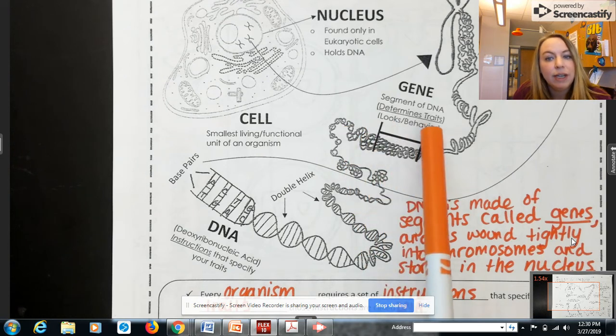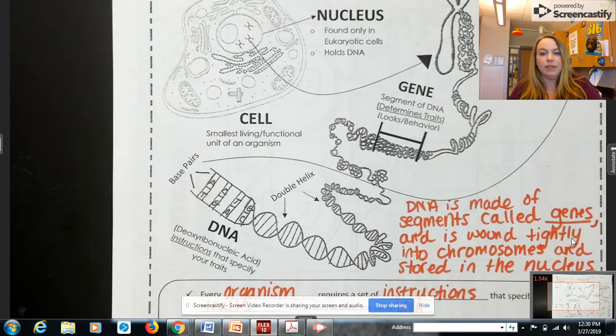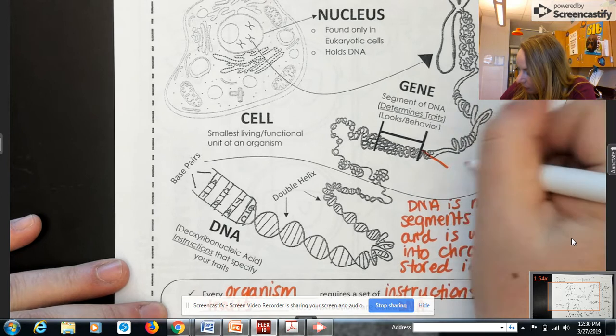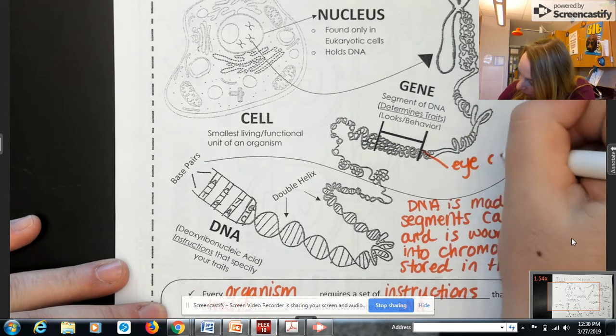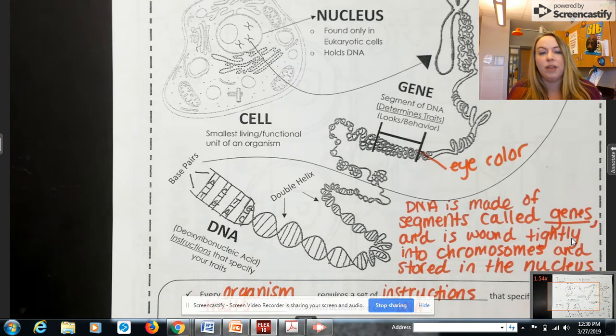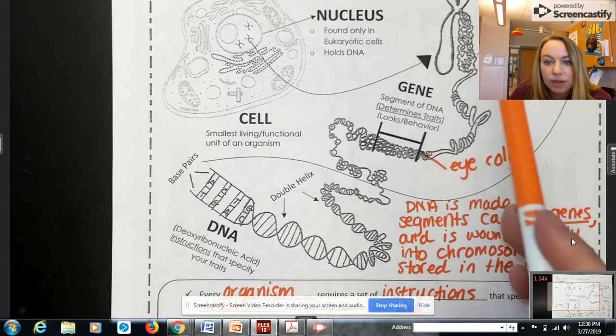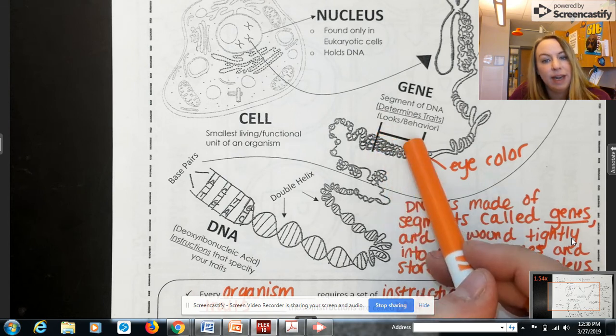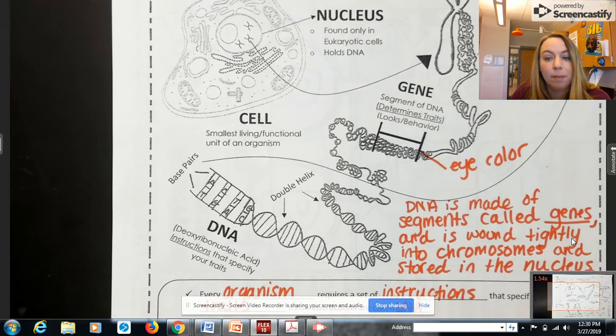A single gene is what determines, for example, eye color. Other things that genes can code for would be fur color, fur length, height, and things like that. So a gene is just a short segment of the DNA that codes for a particular thing.